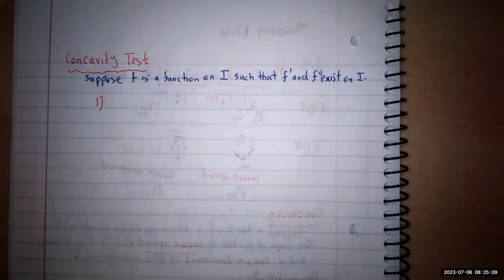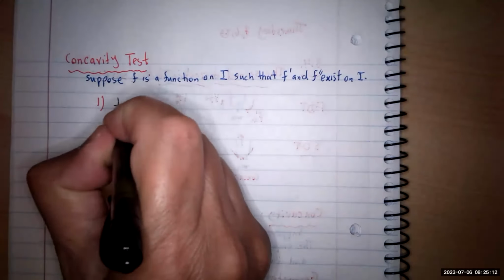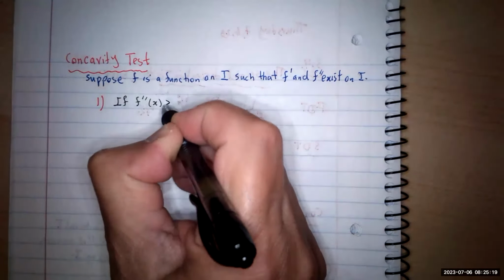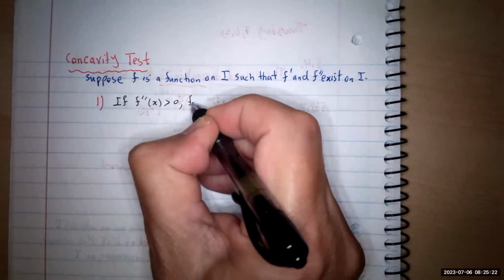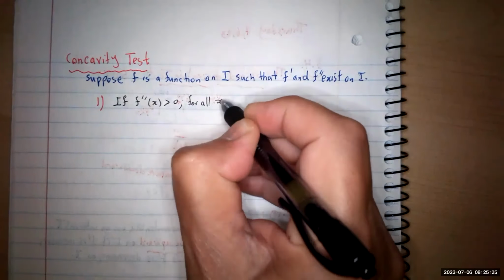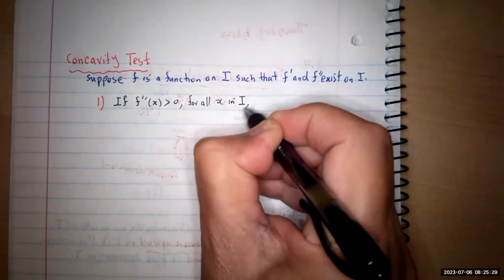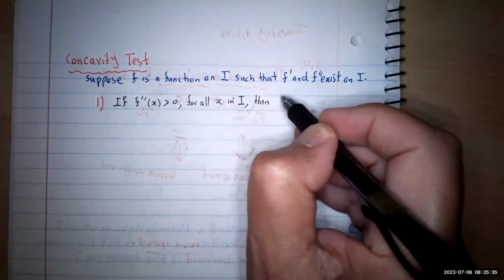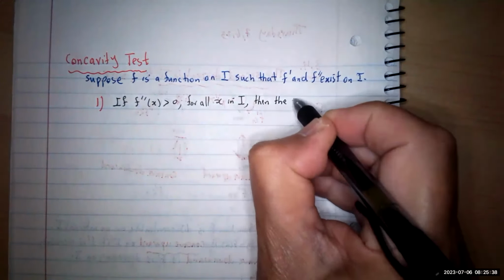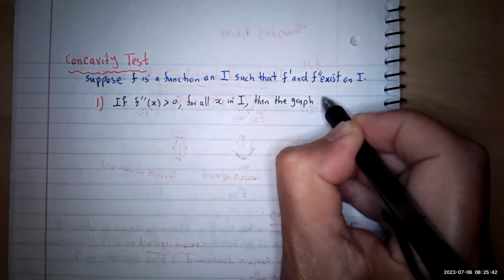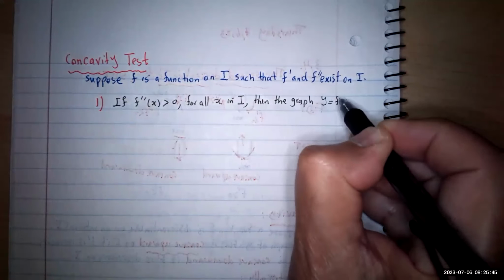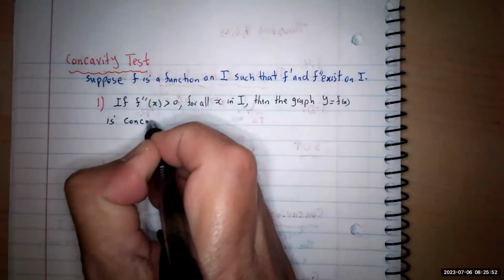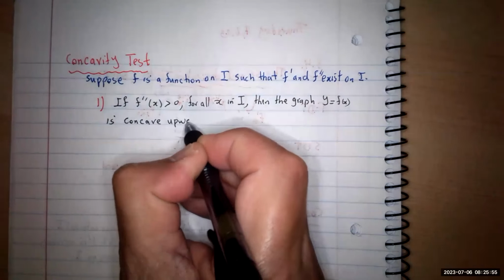So the first case is if the second derivative, f double prime of x, is positive on I, positive for all x in that domain I. If this is the case, then the graph of f, the graph of your function y equals f of x, is concave upward. That's it.